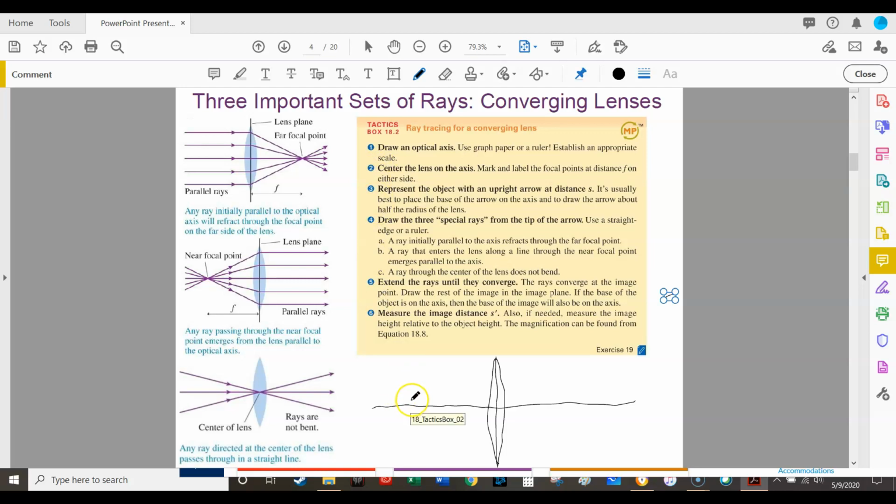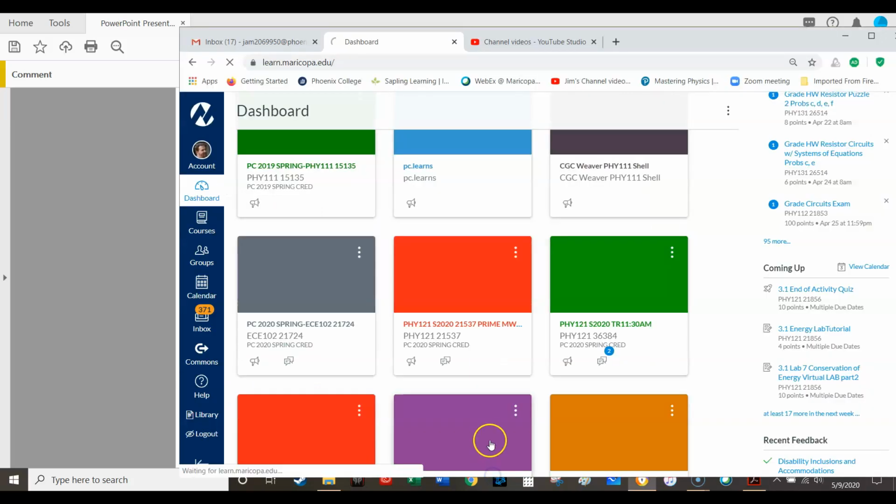Now you're going to draw the focal points. Again, with a double convex lens, there are now going to be two center points. The right side of the lens is going to be a big circle.